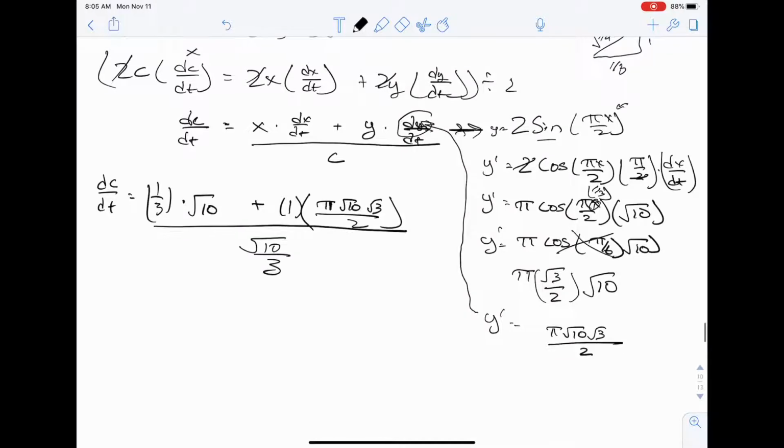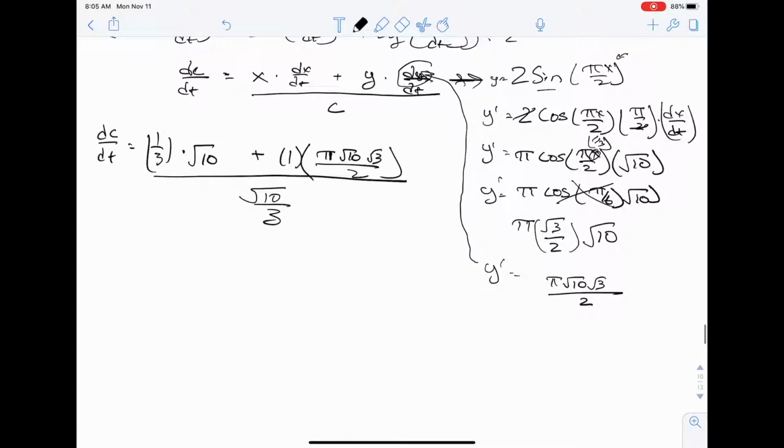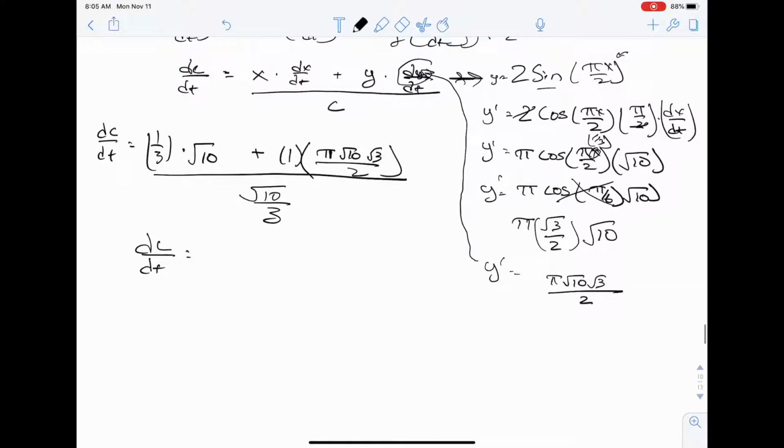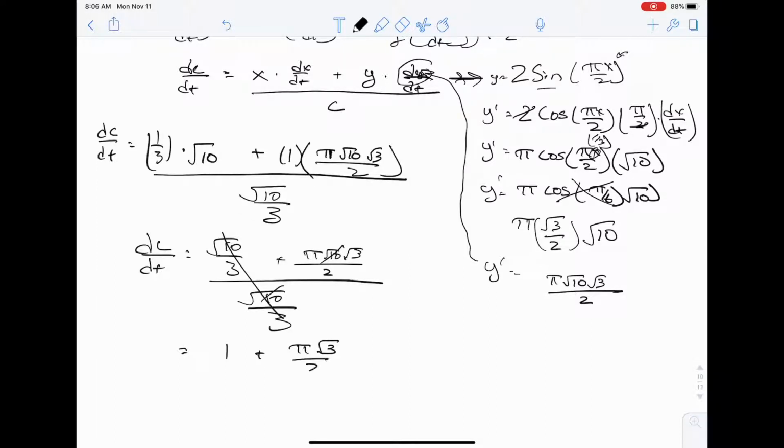Now, all that's left is to simplify. So you have 3 over square root of 10, and the square root of 10 cancels out. It's pi square root of 10 square root of 3 over 2. Then you're left with 1/3 plus pi square root of 3 over 2, all over 1/3, which we'll simplify.